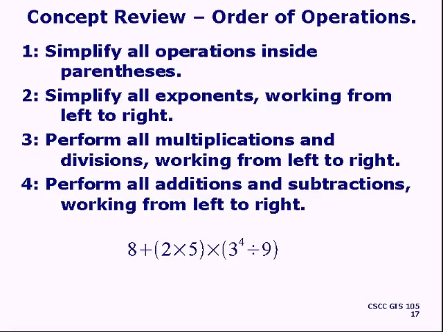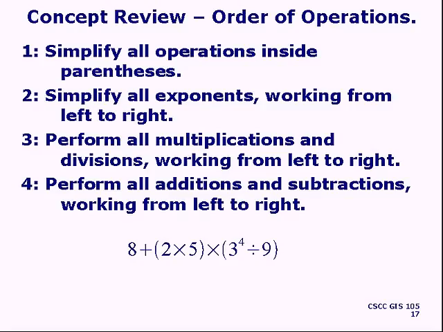That next parenthesis involves an exponent, so we've got to simplify that 3 to the 4th power. Divide by 9, that would solve that parenthesis. So we've got 8 plus the result of 2 times 10 times the result of 3 to the 4th divided by 9.